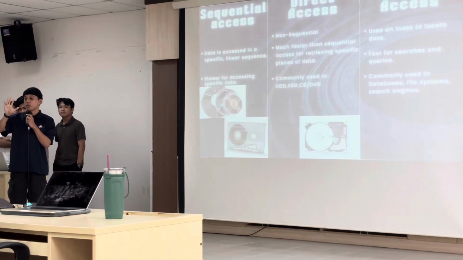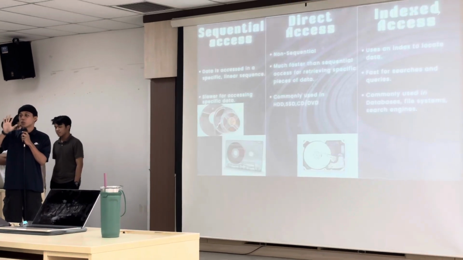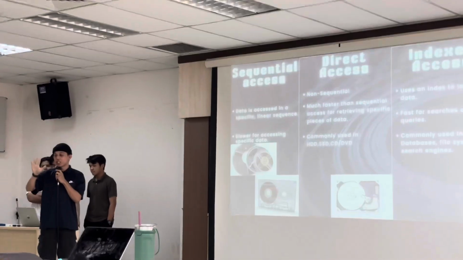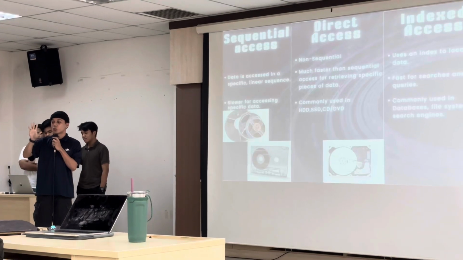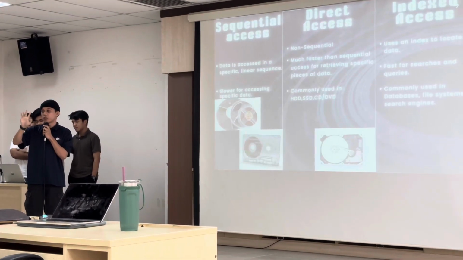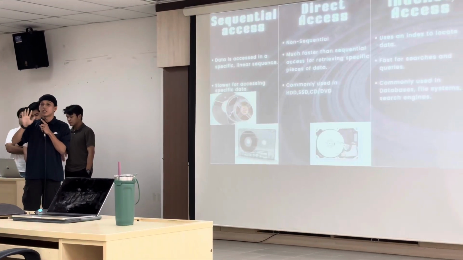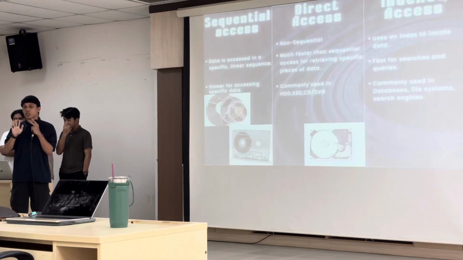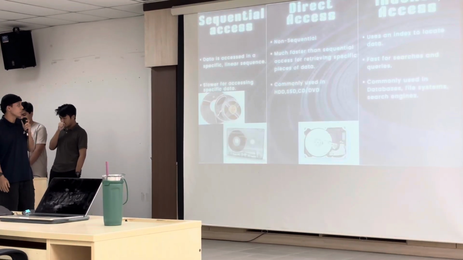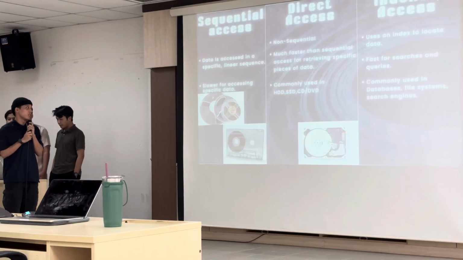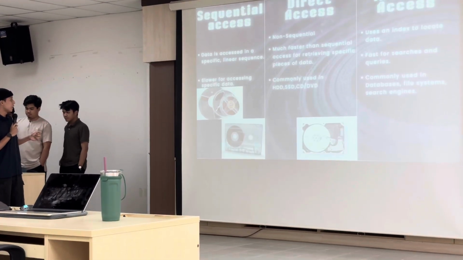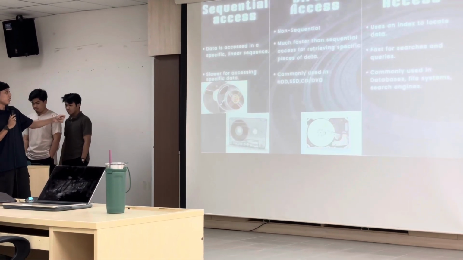You can't skip to the 5th page. You must go through the first page, second, third, fourth, and then the fifth. That means you can't skip any; you must go through all the pages. Normally it is used in magnetic tape, just like the picture.